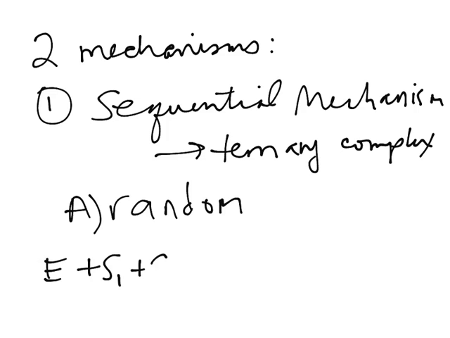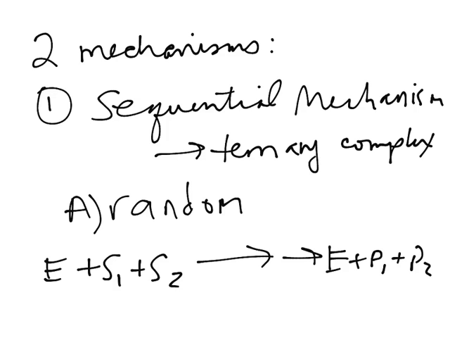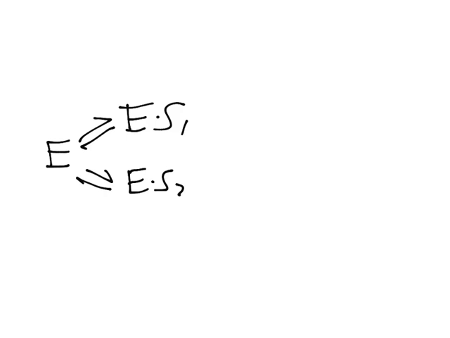Enzyme plus substrate 1 plus substrate 2 eventually goes to enzyme plus product 1 and product 2. So in this sequential mechanism, we take our enzyme, and in the random model, the enzyme could either bind substrate 1 first, or it could bind substrate 2 first. It doesn't matter, it's random.